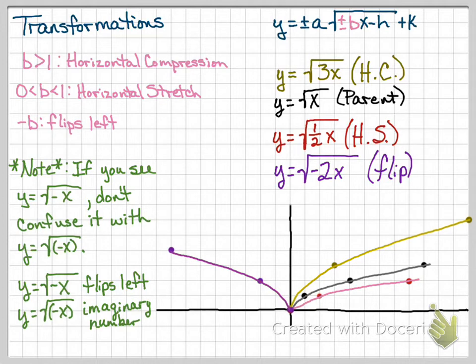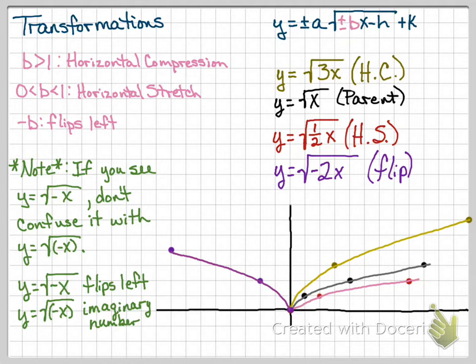This is where we start to see that instead of flipping down, b flips across. This is where we actually get to see that flip from right to left. So negative b flips to the left, and the square root of negative 2x is in purple.